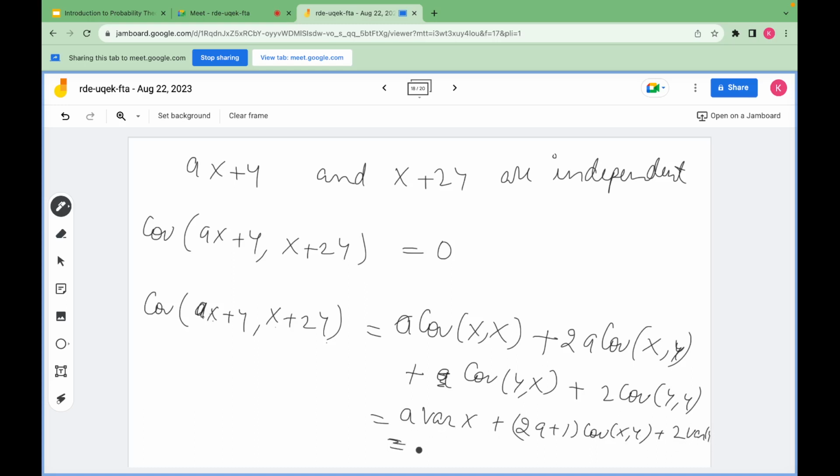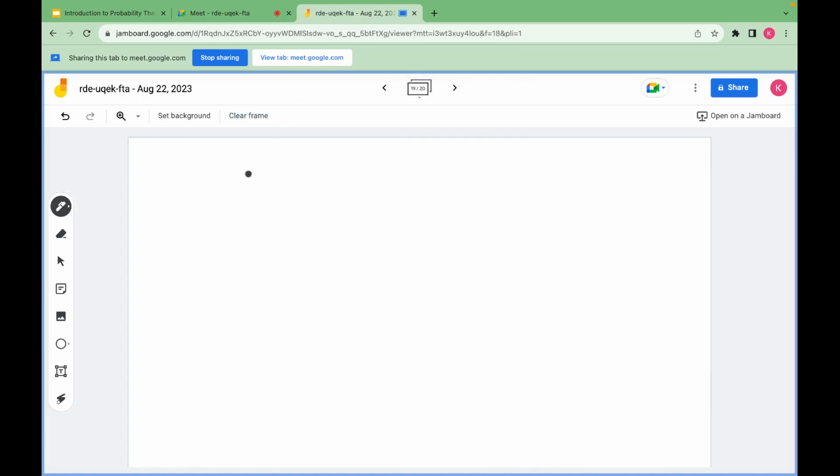Variance of x is 1, so a, and covariance of x comma y we found out is minus 1, so this is minus 2a minus 1, and variance of y is 4, so 2 into 4 is 8. So 0 is equal to minus a plus 7, so a came out to be 7.